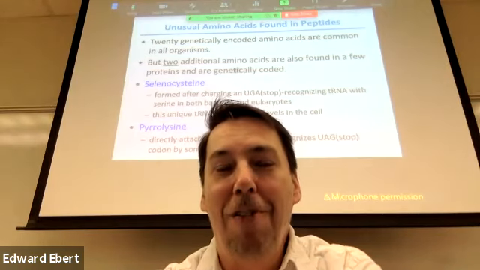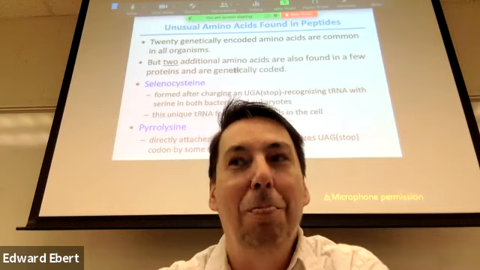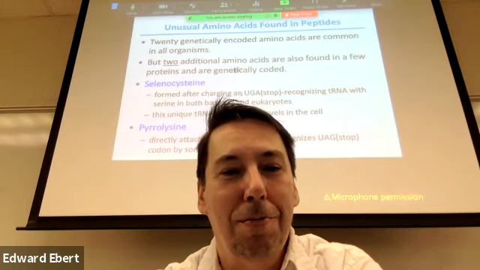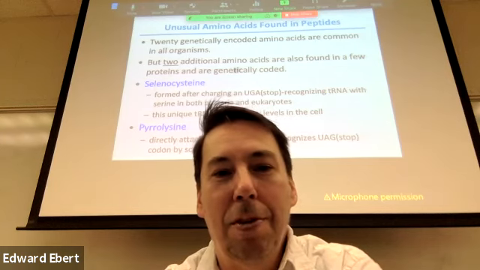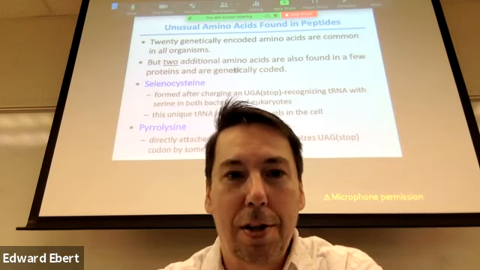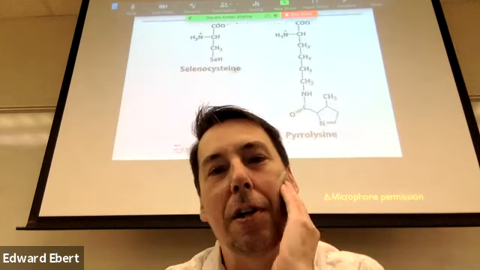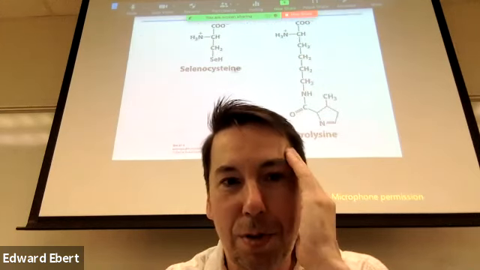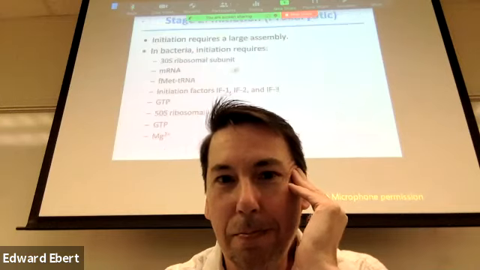This is a very, very low level tRNA, so we don't see a lot of selenocysteine, but there's a little bit of it floating around there too. We also have this pyrrolysine that will recognize a different stop codon, but this is only in archaea, not in bacteria and eukaryotes. Okay. So here you see what they look like, and you can see they are kind of funky looking.